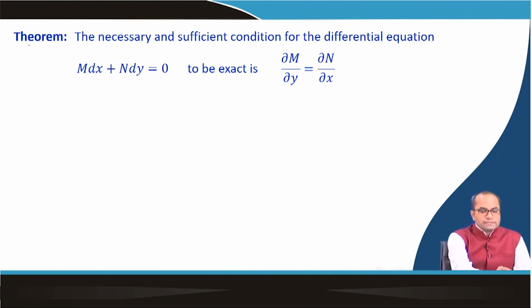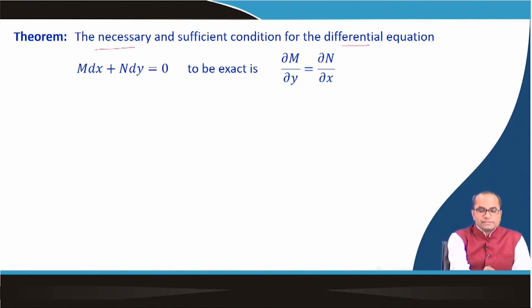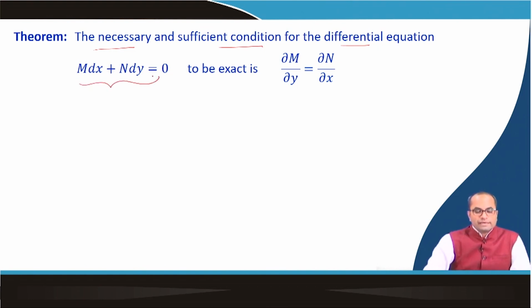So, what are the necessary and sufficient conditions for a given differential equation to be exact? The necessary and sufficient condition for the differential equation M dx plus N dy equal to 0 to be exact is del M over del y equal to del N over del x. So, that is the only condition here for exactness.